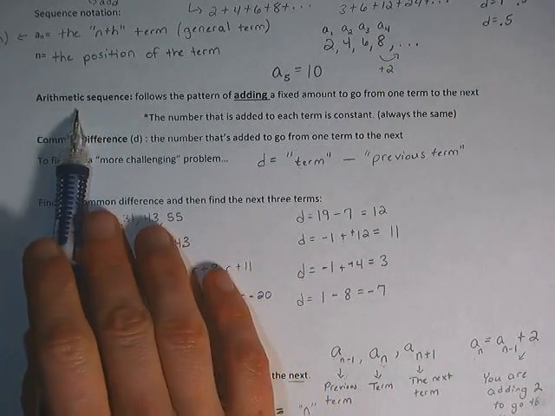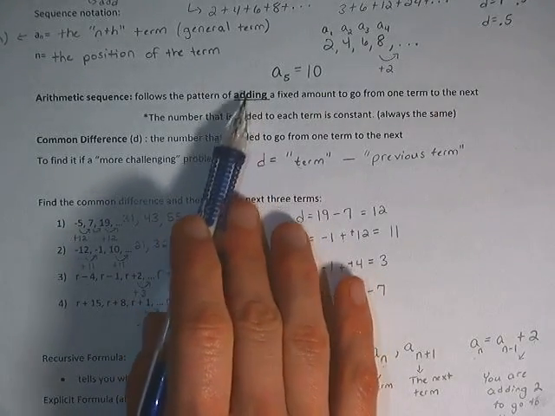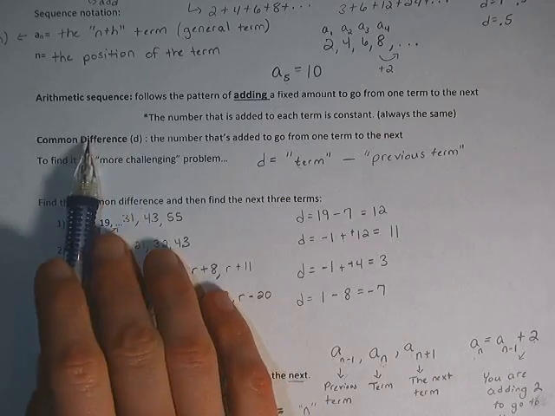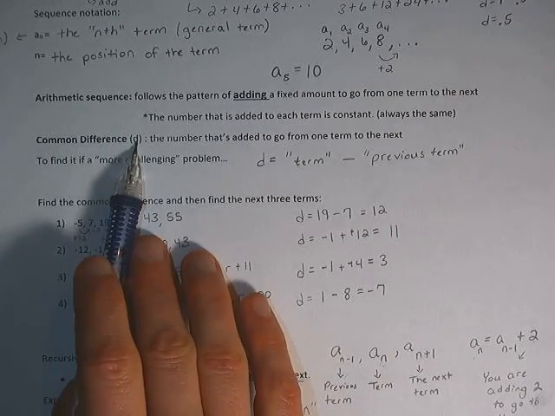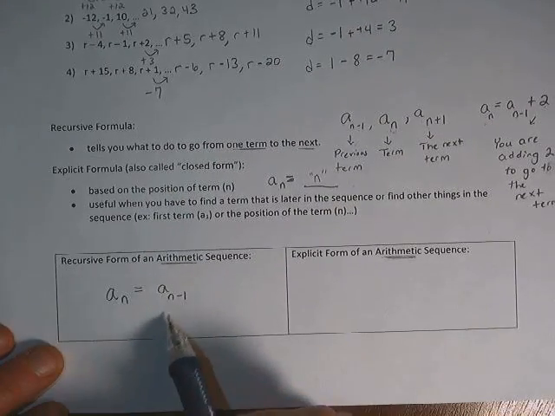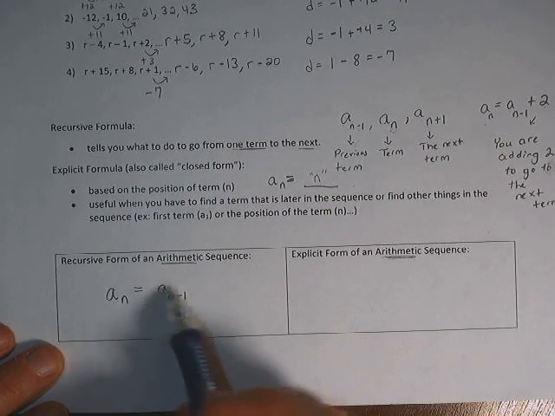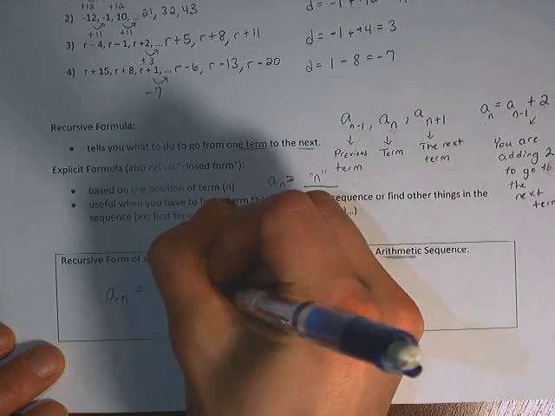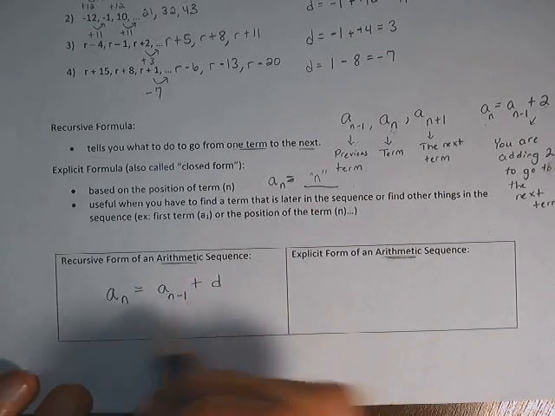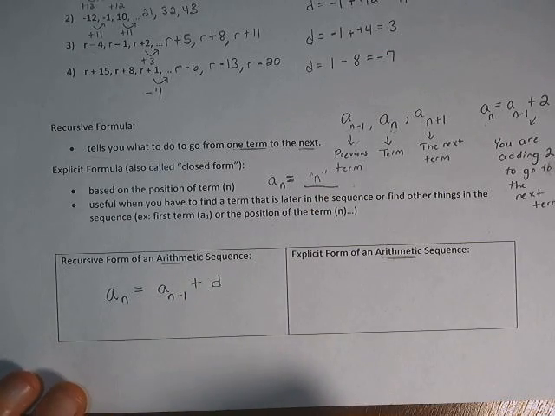With arithmetic sequences, you are adding a fixed amount to go from one term to the next. And the number that you're adding is called your common difference, which they label with a D. And so the recursive form to go from the previous term to the next term, you have to add whatever that common difference is. And so that is the recursive form of an arithmetic sequence.